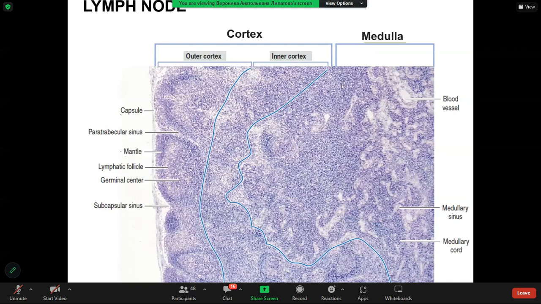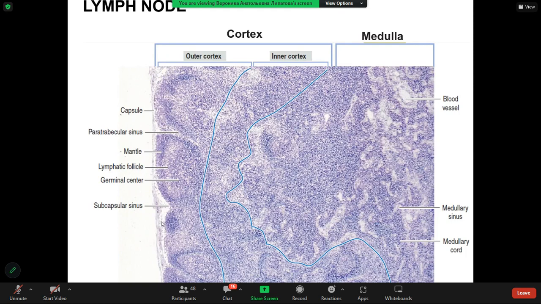Here is the scheme of cortex and medulla of the lymph node. In cortex, we can see a nodule, and between the capsule and the top of the nodule, this pale space lined with endothelial cells and flattened reticular cells, from this lymph flows along the lymphatic sinuses.